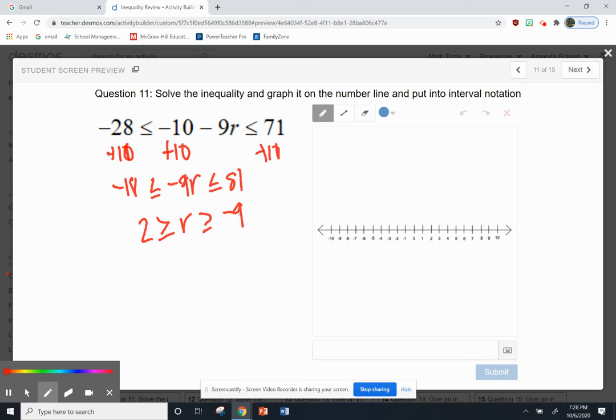So I get 2 is greater than or equal to r is greater than or equal to negative 9. So I'm going to have r is greater than negative 9, so I'm going to go to the right. And r is less than 2, go to the left, so they combine together. And I get my interval notation as negative 9, comma 2.